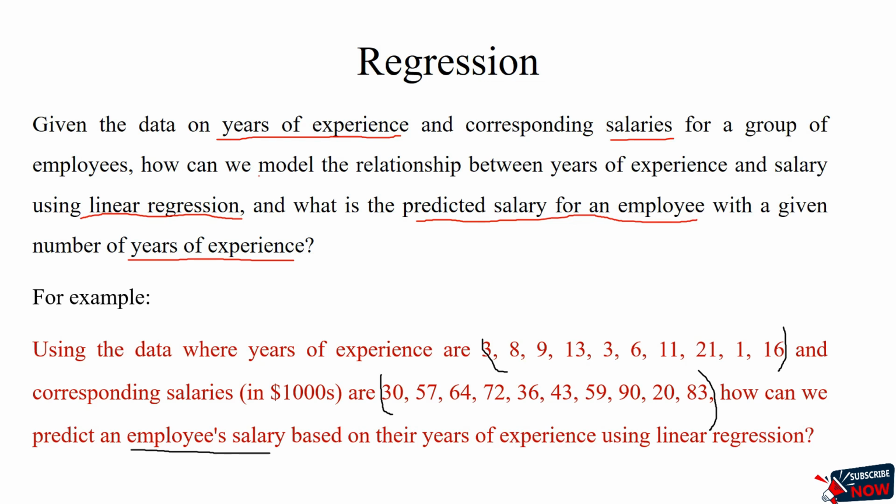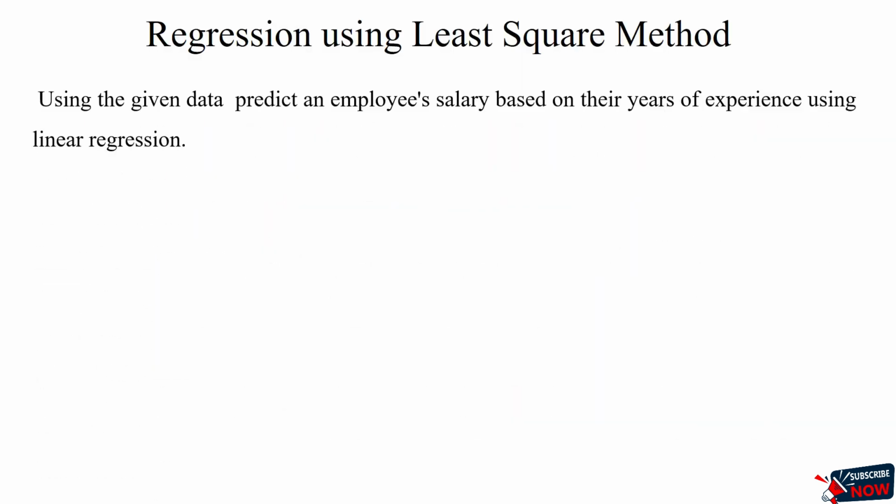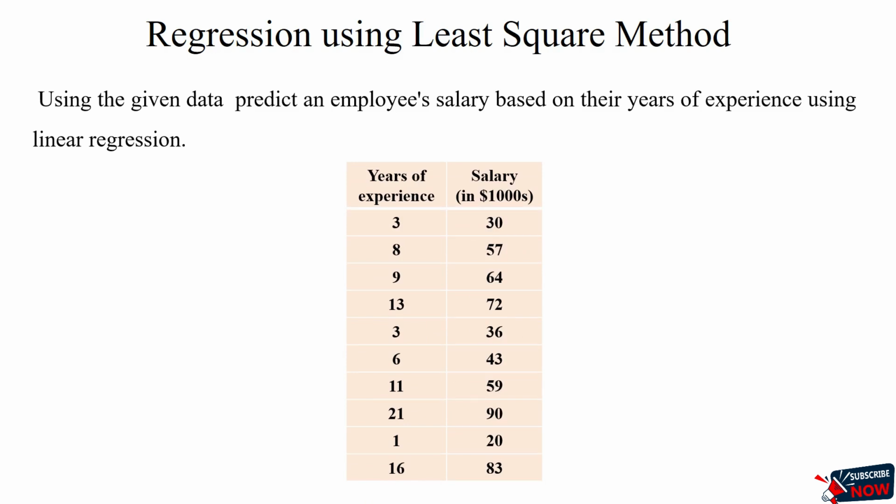The first step is we will find the linear regression equation. Once the equation is found, we can substitute the value of the years of experience, then we can predict the employee salary based on that. Now, this is the data given, years of experience and the salary.